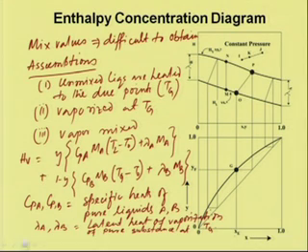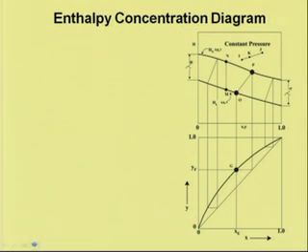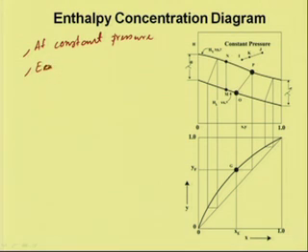So, the enthalpy concentration diagram is plotted at constant pressure, and each point on this diagram represents a different temperature.